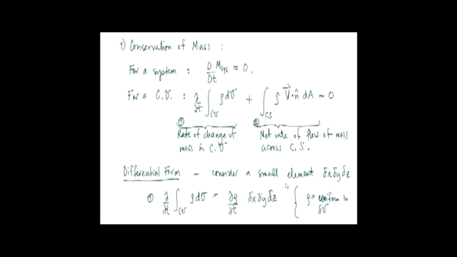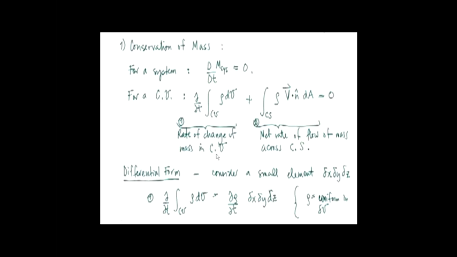And the same we can find out about the left hand side, right hand side, top and bottom faces. So we will apply this equation to the small element of size delta x, delta y, delta z.